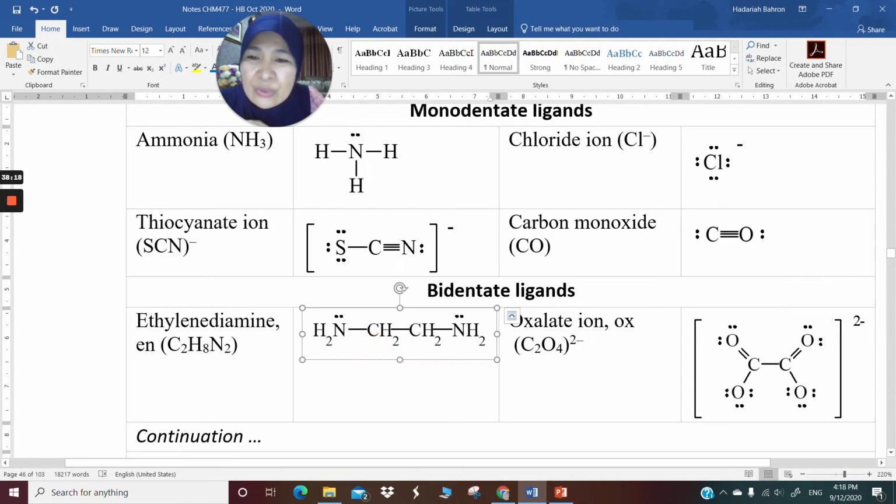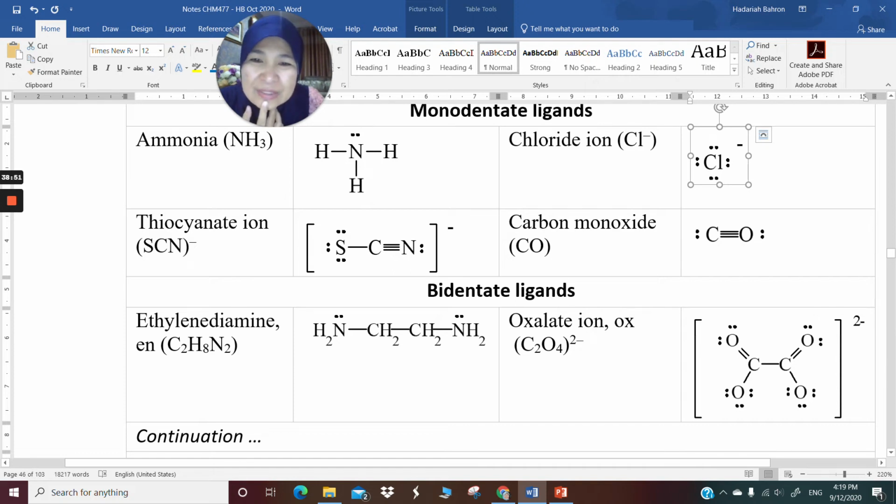This is your ethylene diamine. But what's listed at the top here, they are all monodentate ligands. Ammonia is one monodentate ligand which doesn't have any charge, so it is a molecule. Chloride has lone pairs of electrons, many of them, four pairs. So chloride also is a monodentate ligand, because one chloride can only donate once, it cannot donate two.